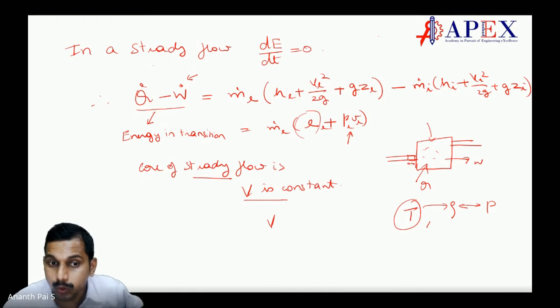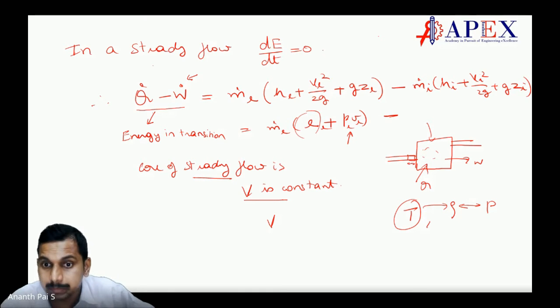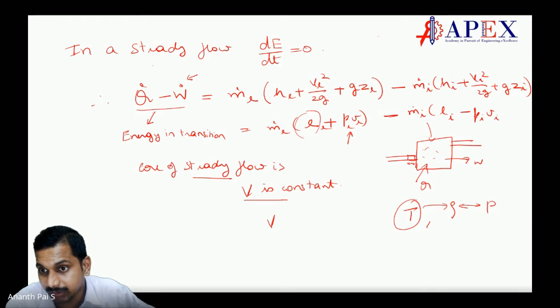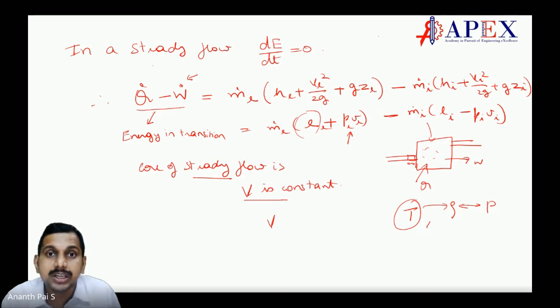Clear? So what is happening? The energy in transition and the work done plus this one have to become balanced. So now EI minus PI VI, we can write it like this. So what is this? This is the work done for transiting, for motion of the mass.